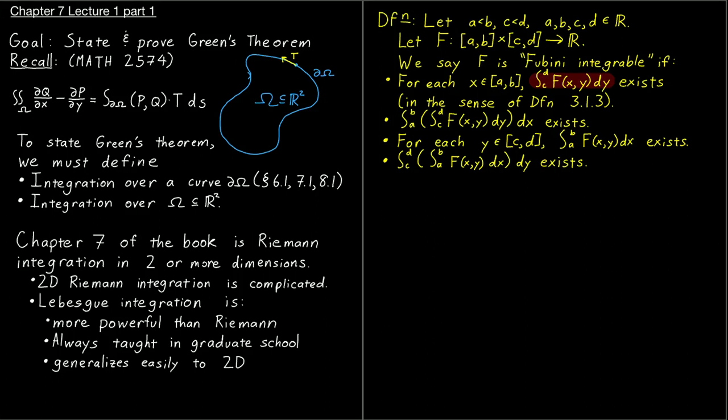And so to be Fubini integrable, you need to be able to integrate first in x, then in y. You need to be able to integrate first in y and then in x. And here's the key thing. We need the two iterated integrals to be equal to each other.